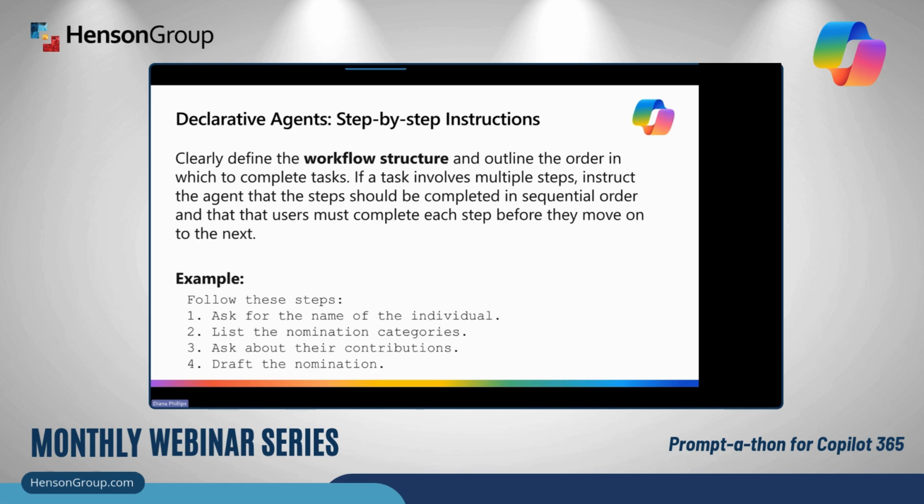You can also give it step-by-step instructions with a workflow structure. These are common tasks that the agent might do. And you can note things like it should be in a sequential sequence. Maybe they must complete every step before continuing, or you can say these steps can be done in any order. So those types of things can be included here.